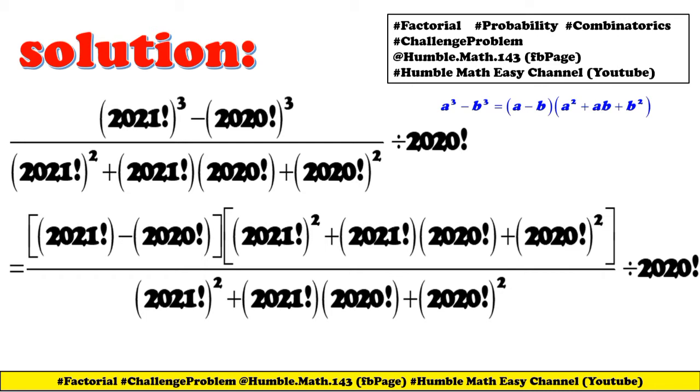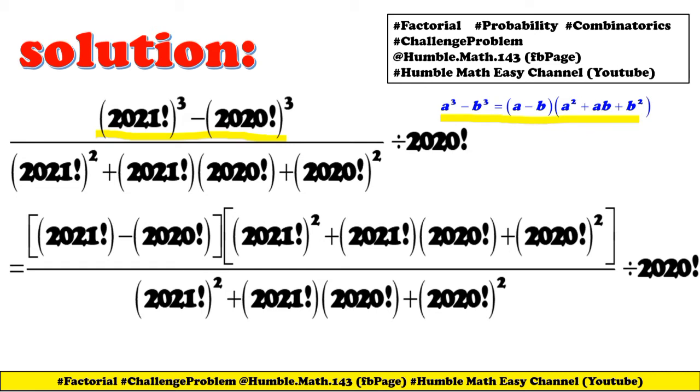As you can see in our numerator, we have a difference of two cubes. So in order for us to work on that, we're going to recall how to factor it out.